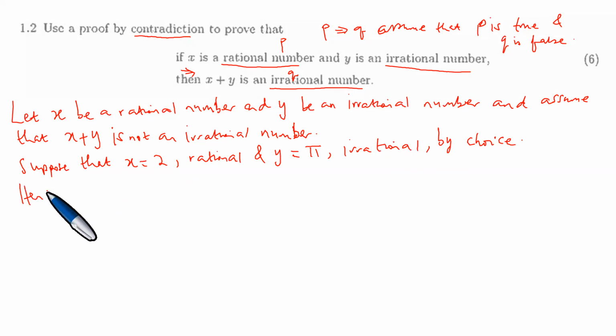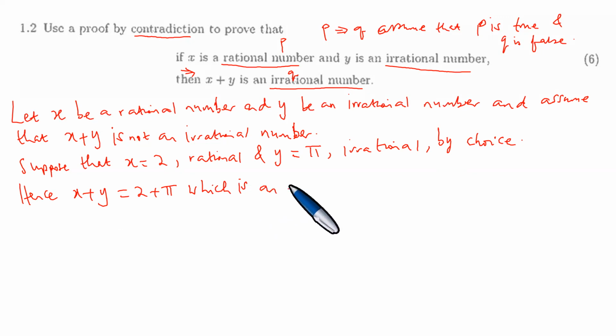Hence x plus y is 2 plus pi, which is an irrational number.